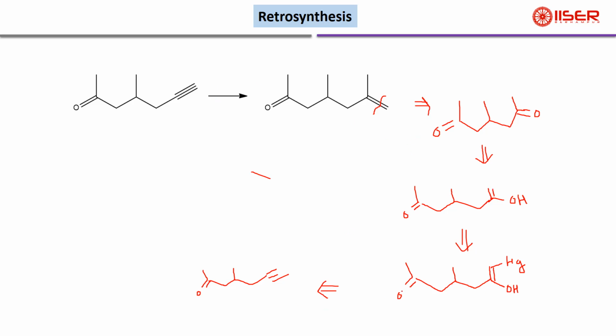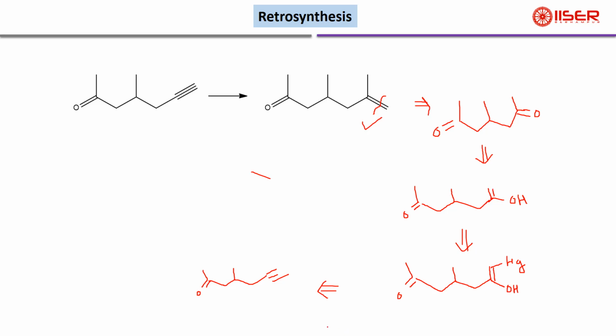So the first will be oxymercuration, demercuration, then it will give us this ketone, and after that if you undergo a Wittig reaction, it will give us this alkene.